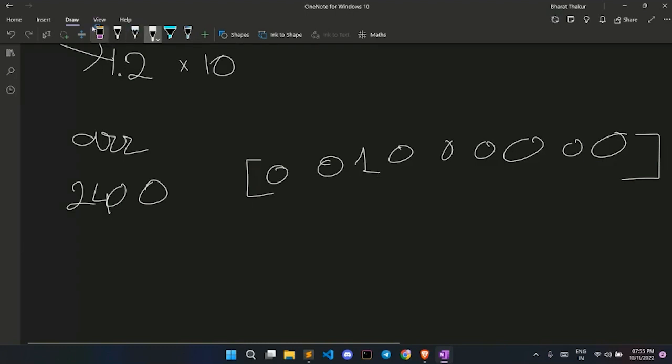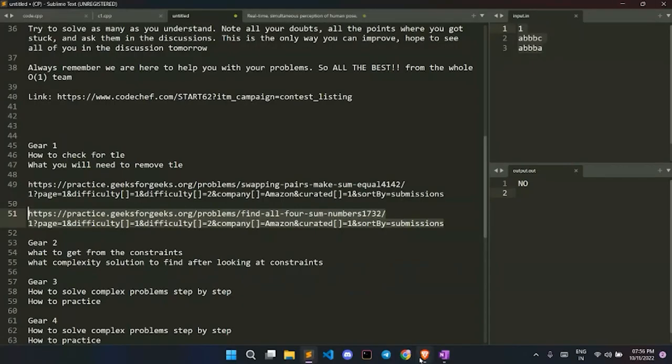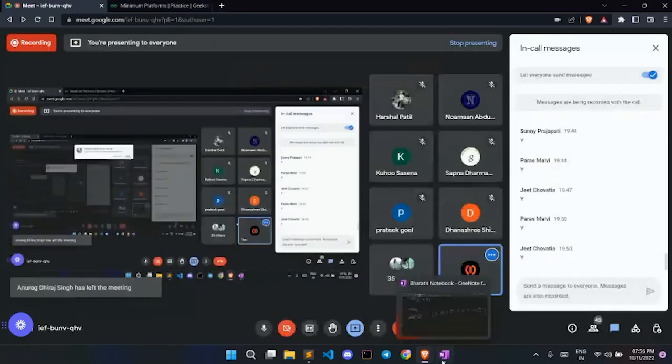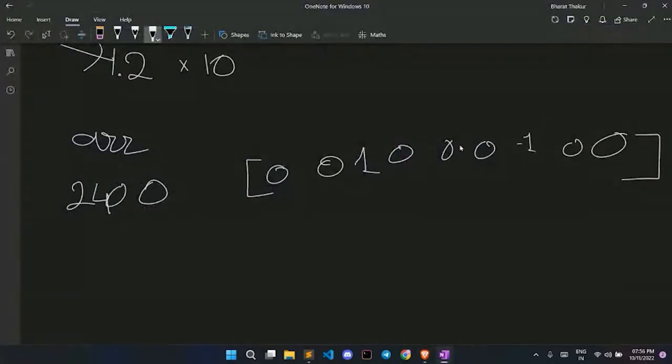And if a train is going to depart at this particular moment, then till this point one train was present. So I will decrement the value of the next one by 1. So now if I take the prefix sum of it, means if I calculate the sum, what will happen?